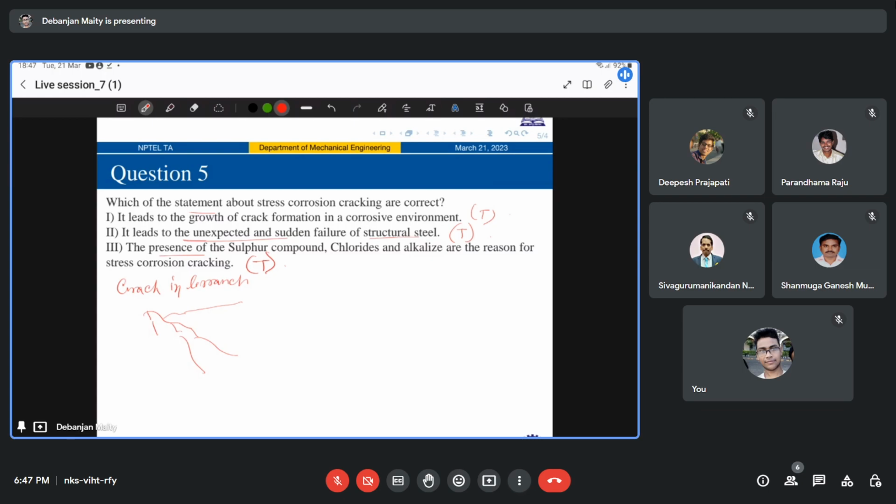So this form of corrosion can occur as either intergranular stress corrosion or transgranular stress corrosion. What is intergranular stress corrosion?